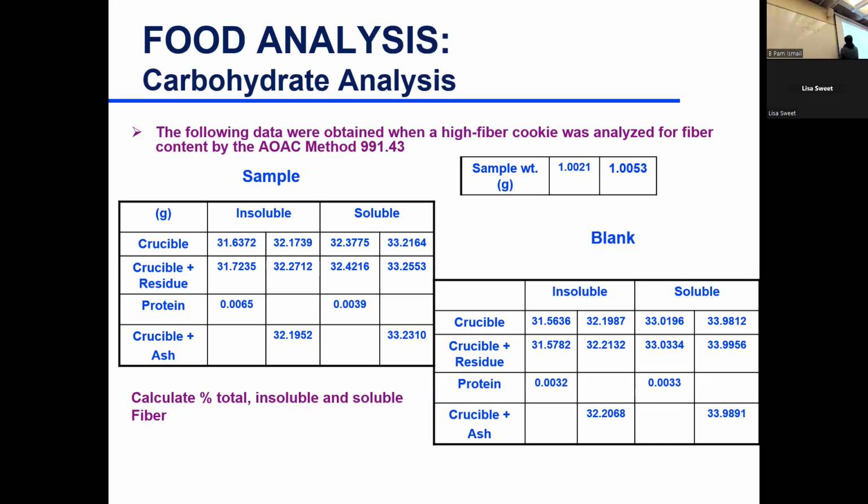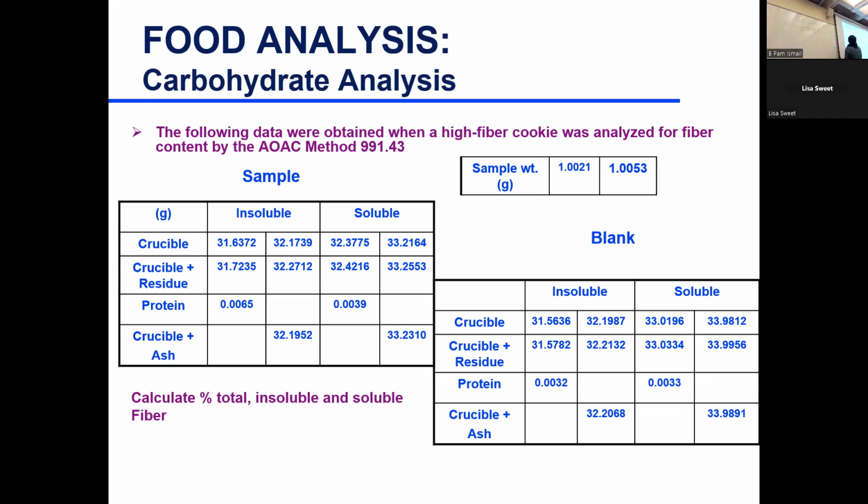So we take the weight of the crucible that we use for the insoluble fiber, and there's another crucible we use to filter out the soluble fiber after we precipitate. So we do that in duplicate. So we take the first crucible and the second crucible for insoluble, and we take the weight. So these are weights in grams.